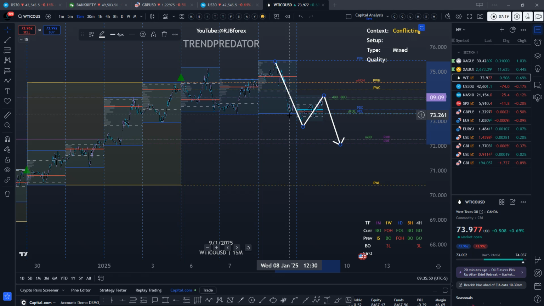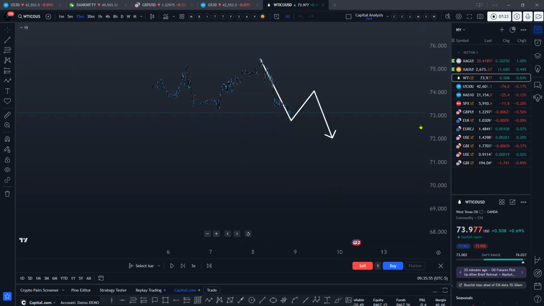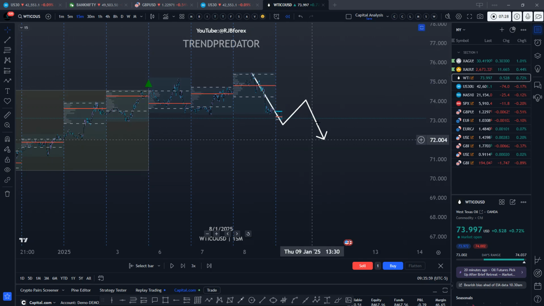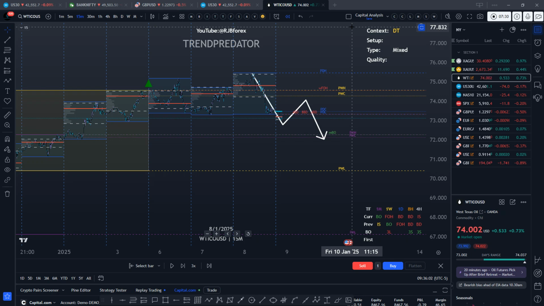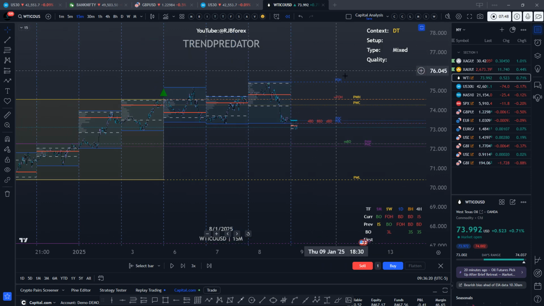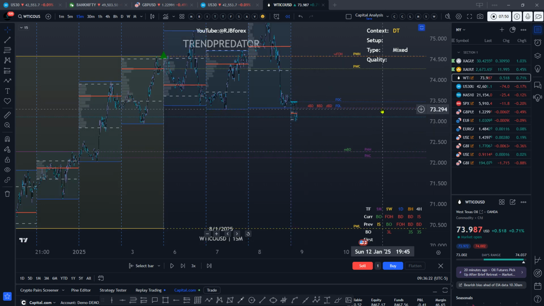If we get below yesterday's lows, so if we go into replay mode, you'll see here the Trend Predator indicator is still giving us mixed because we've got a breakout on the monthly chart, but at least it's giving a context that's a downtrend because you've got a fake out high on the weekly and you've got a breakout on the daily.